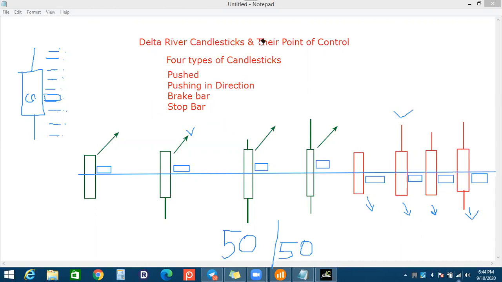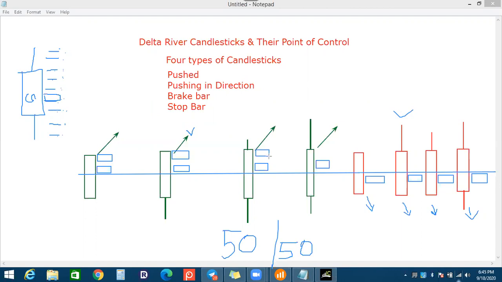Now a stop bar. Not above the 50%, but totally on the closing price, volume increases on the closing price.